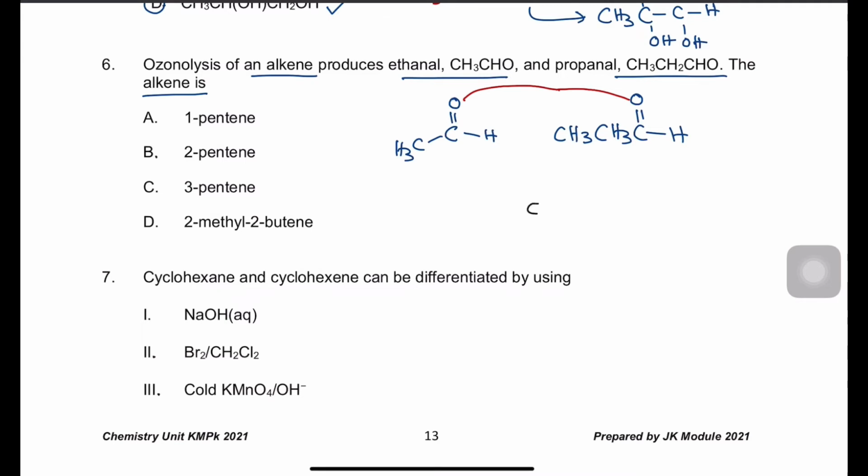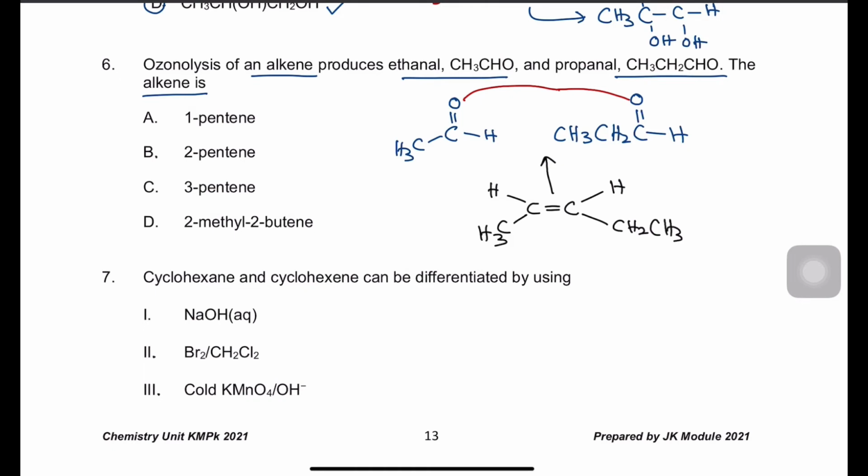I'm going to redraw the carbon-carbon double bond and maintain the connection of atoms. Sorry, there is a slight mistake here. Let's correct that. So CH2CH3 on the right, and as for the left, it would be this.